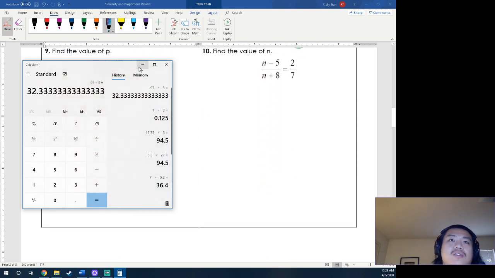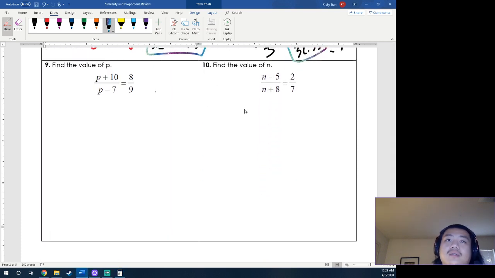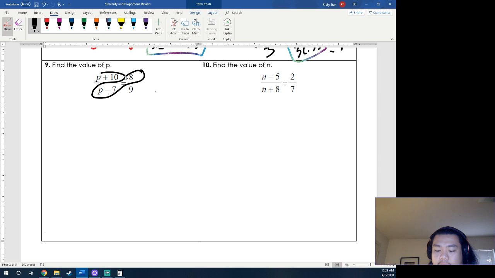All right, let's continue with number 9. Okay, so number 9, again, is just cross multiplying. So we have 9 times p plus 10 is equal to 8 times p minus 7.